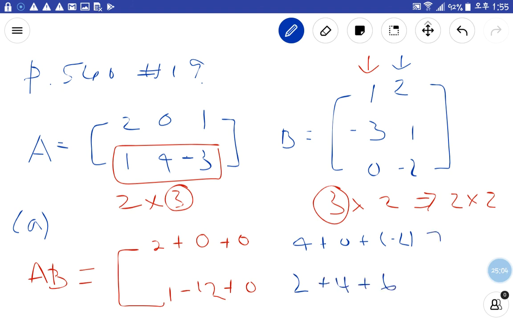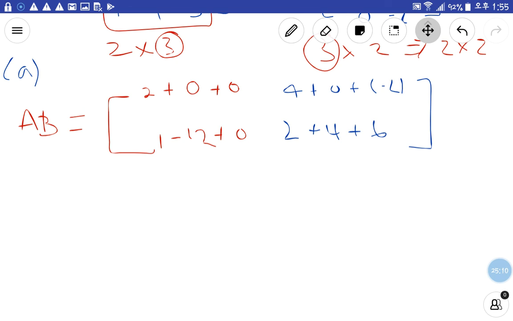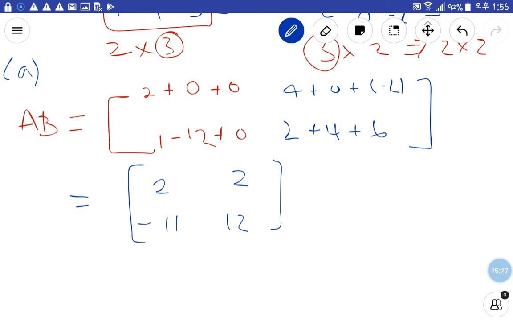Now what do we do? Simplify after. Alright, so my AB is 2, 2, negative 11, and 12. That is my answer for AB this time.